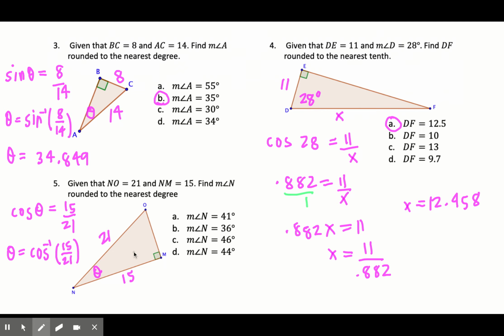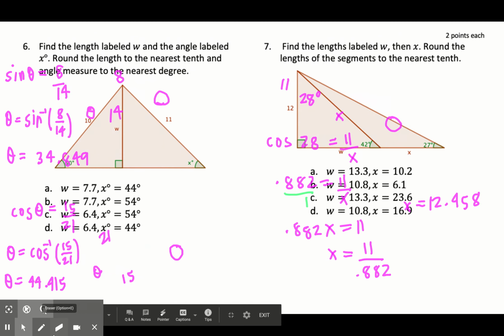So you put that in your calculator, and then you get 44.415. So rounded to the nearest degree is 44.